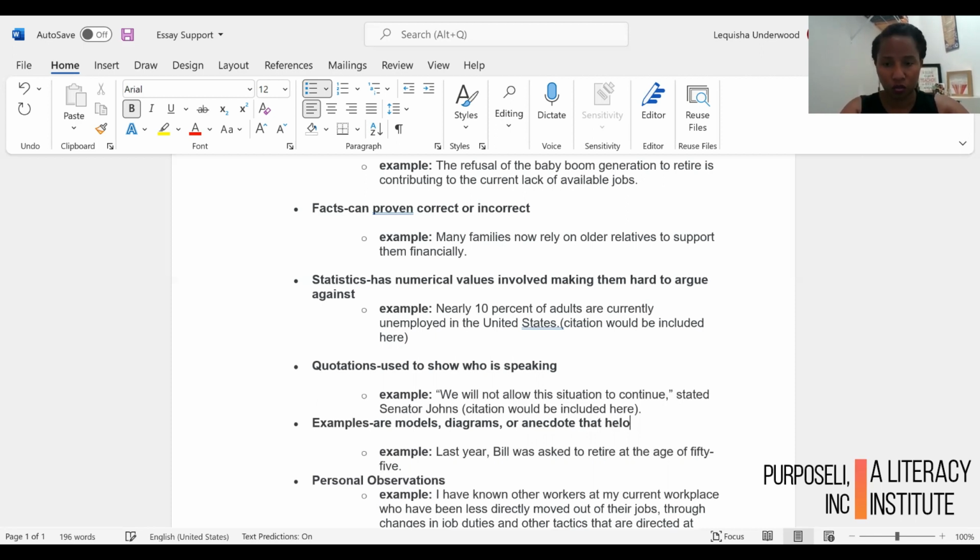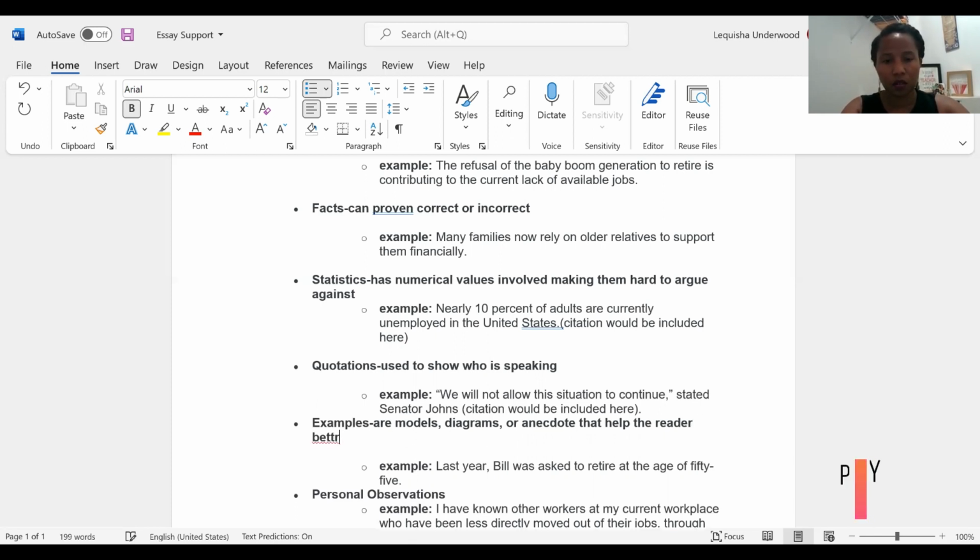They are all there to help the reader better understand a potentially new concept.